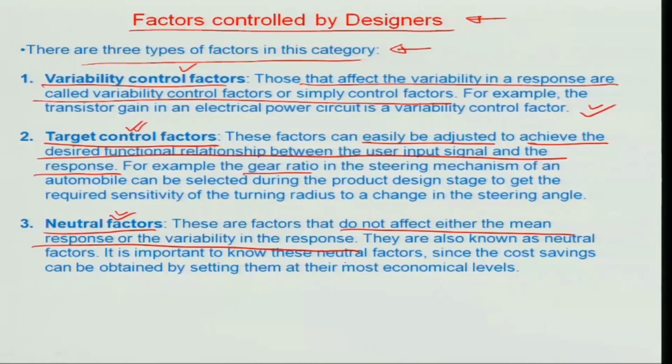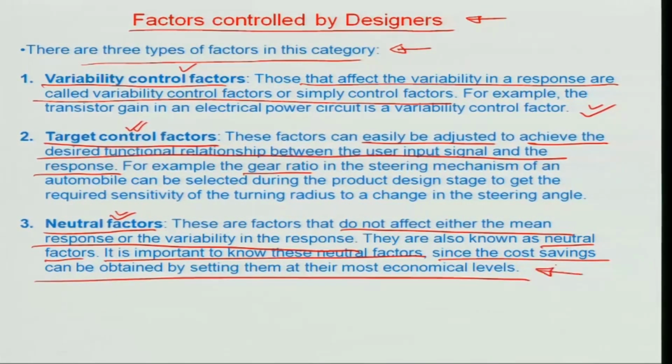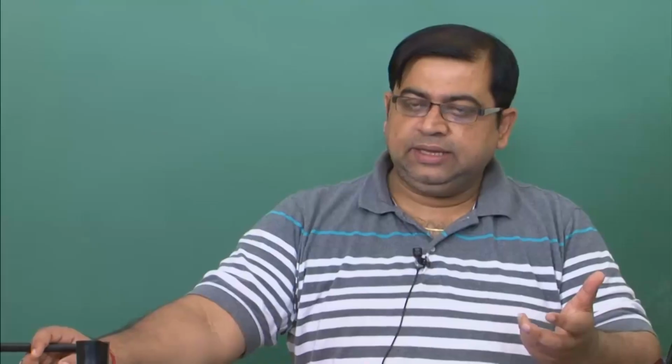So they are known as neutral factors, and obviously it is important to know these neutral factors, since you may change the levels of those factors to do an overall cost saving. Unknowingly in the design you may put something which is not really related to the output level or the variability of the output level, but still it exists in the design because of some other reasons.